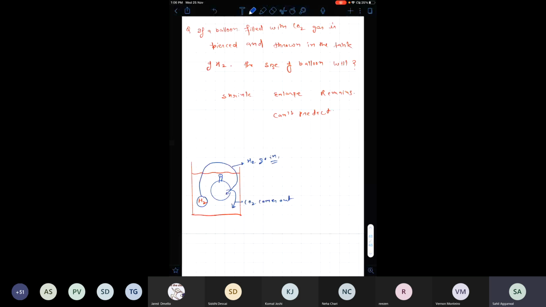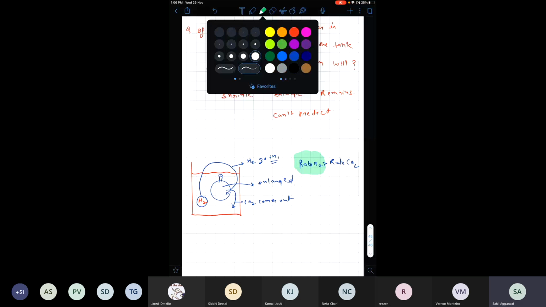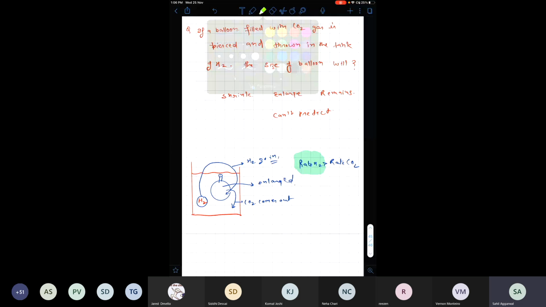CO2 बाहर निकलेगी, H2 अंदर जाएगी. Now, rate of hydrogen is greater than rate of CO2. तो हम क्या बोल देंगे? अंदर ज्यादा जाएगी, बाहर कम निकलेगी. That means it will get enlarged.